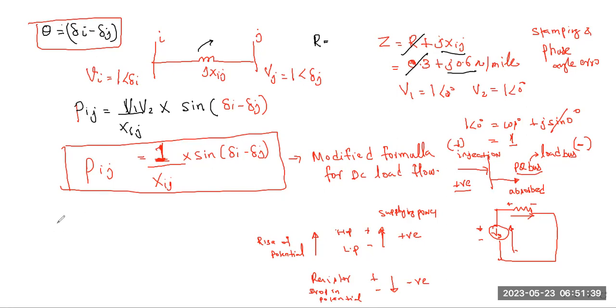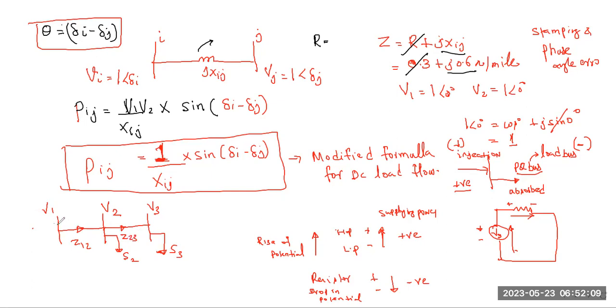Yesterday we had done DC sweep and AC sweep. In that also, if three buses were there, one bus was flowing like here and another like here. If this was V1 and this was V2, this was your Z12, and if this is V3, this was your S2 and S3, and this was your Z23.